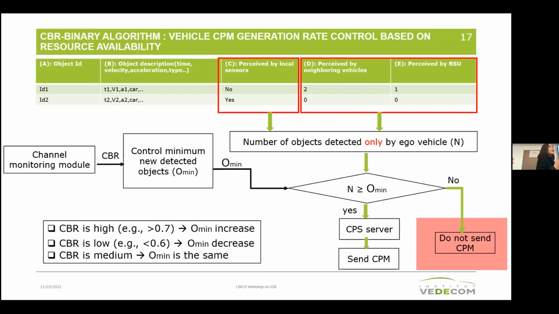We want to keep the CBR between 60–70%. If the CBR is less than that, we reduce this threshold, and if the channel is really not congested at all, we can have 0, and let everybody send CPM. But if the channel is congested, then we increase this threshold so that it becomes more and more difficult for vehicles to send a CPM if there are not many unique objects detected.